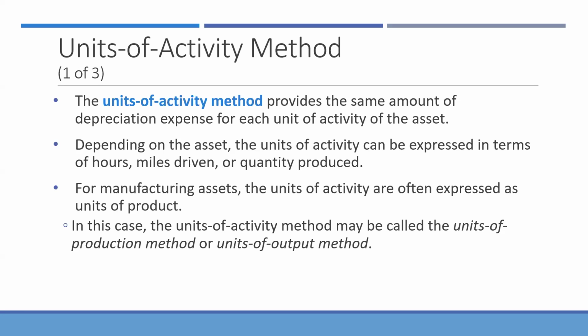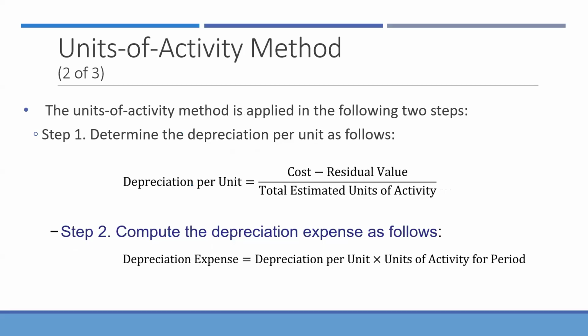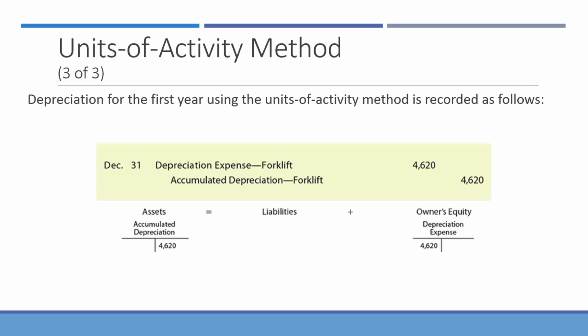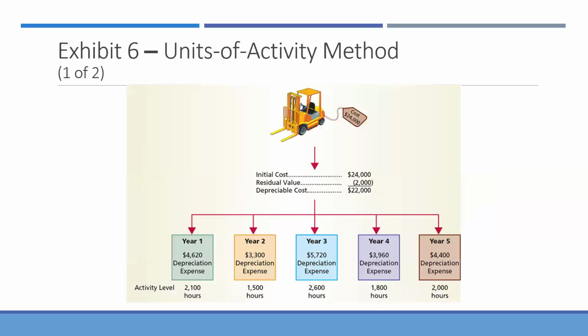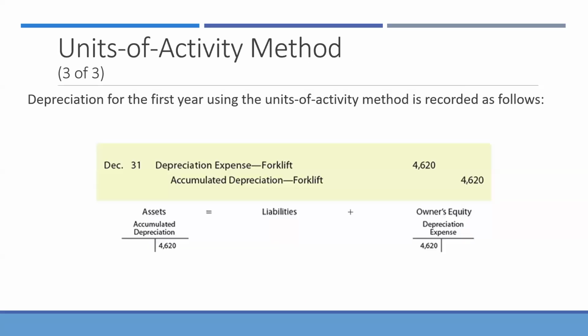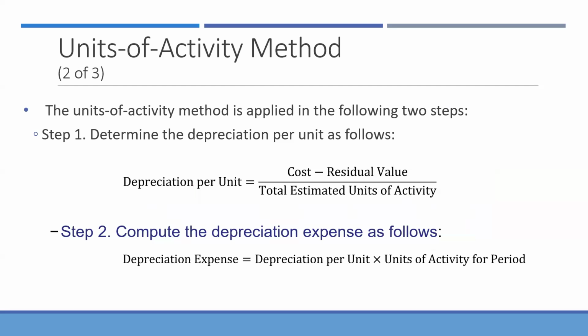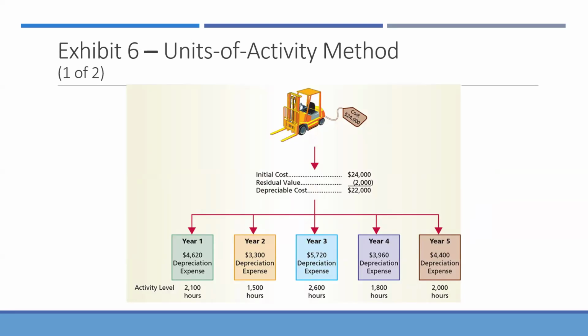It can also be referred to as units of production or units of output method. To calculate, we take the cost, subtract the residual value, and divide it by the total estimated units of activity. For the forklift, we're estimating it based on the activity level using units of activity, based on the number of hours.